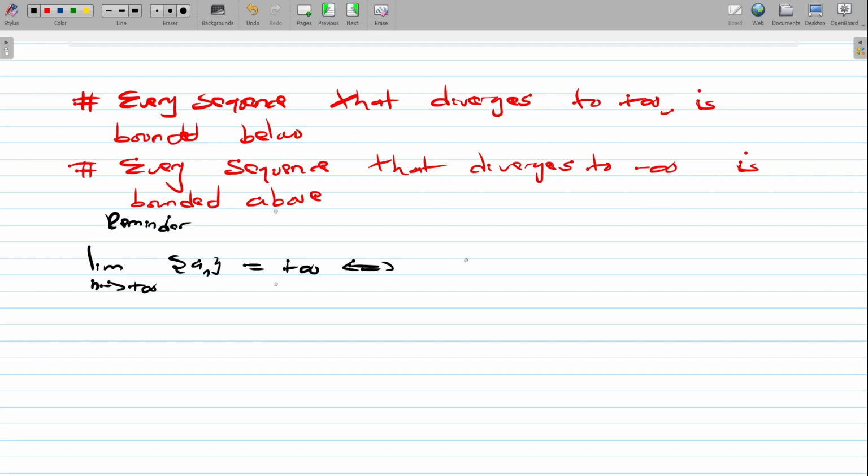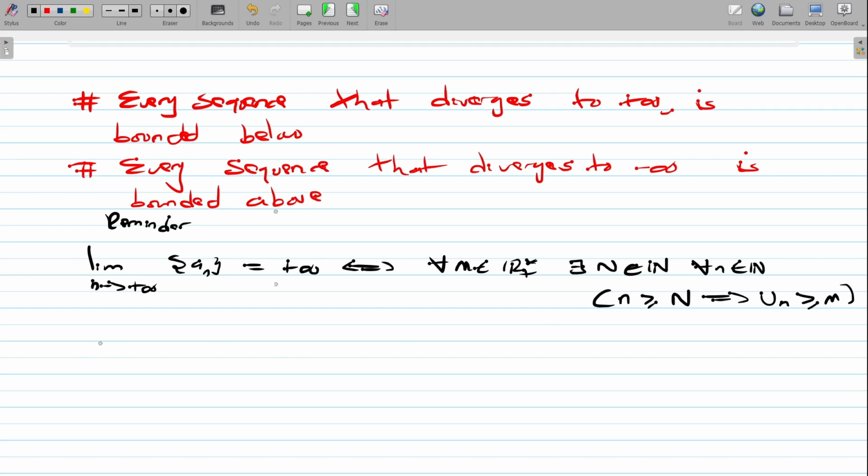Well, this is equivalent to saying that for all values big M in the set R plus star, we can find some natural number N such that for all values of n in the set of natural numbers, if we go beyond this natural number N, then our sequence u_n is going to be greater than or equal to M.